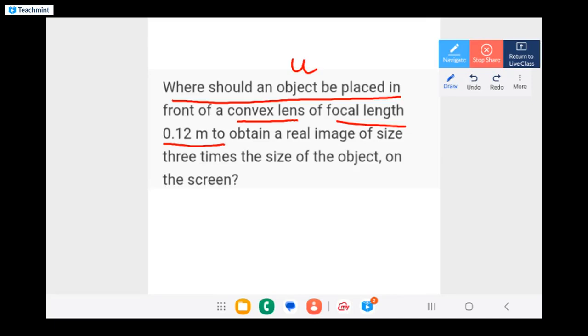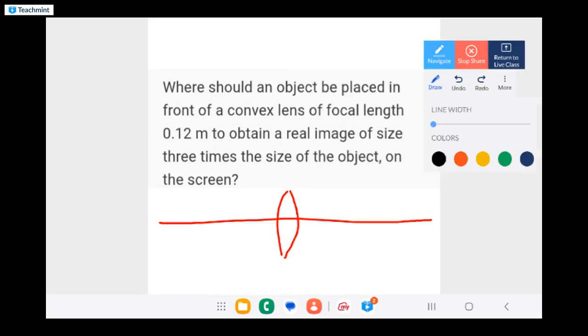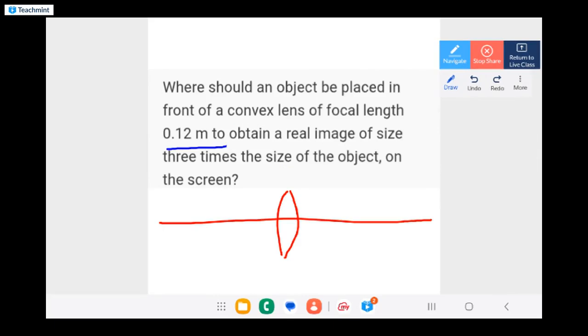You don't have to worry here about converting meter into centimeter. Not necessary in all cases, but you have to see if a power based question was asked. For power, you need to have meter as the unit. If things were given in centimeter and they asked you power, then you have to convert centimeter into meter. But here there is no such need. So we have a convex lens, and the focal length of this lens is positive 0.12 meter.